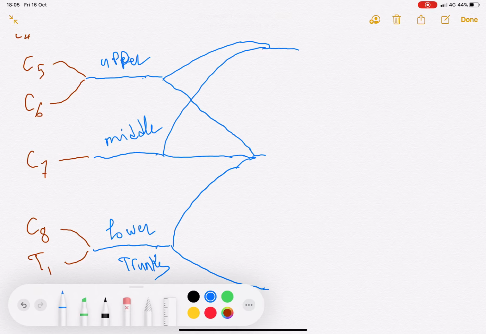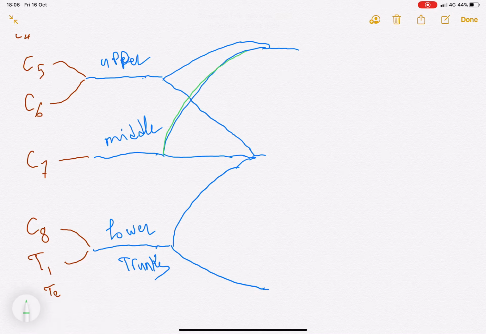I'm going to use a different color to make this a bit simpler. So, again, the trunks divide into anterior and posterior divisions. The two anterior divisions of the upper and middle join together to make the lateral cord.